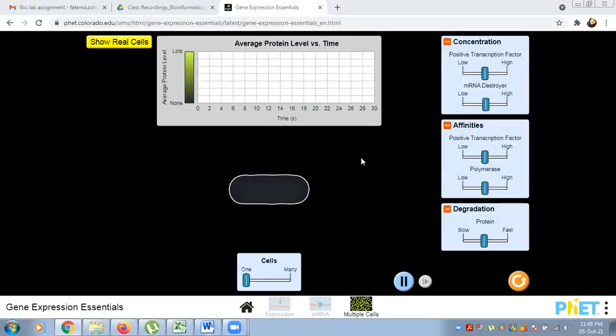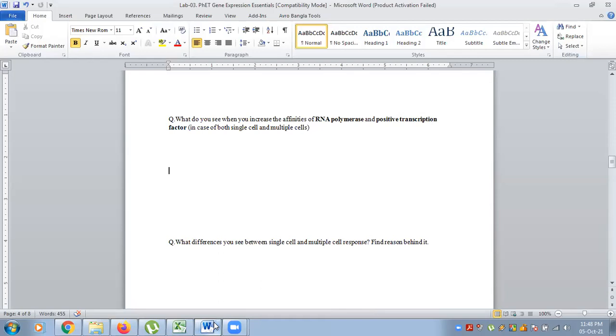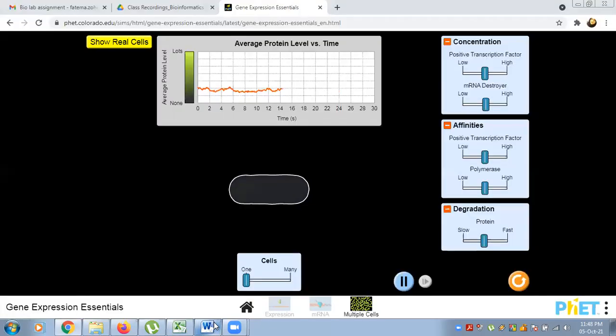So what do we see when we increase the polymerase and positive transcription factor? So this is the polymerase binding.